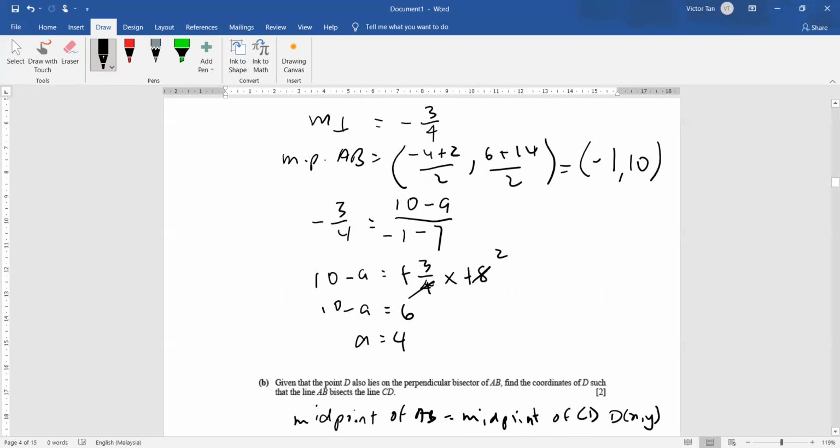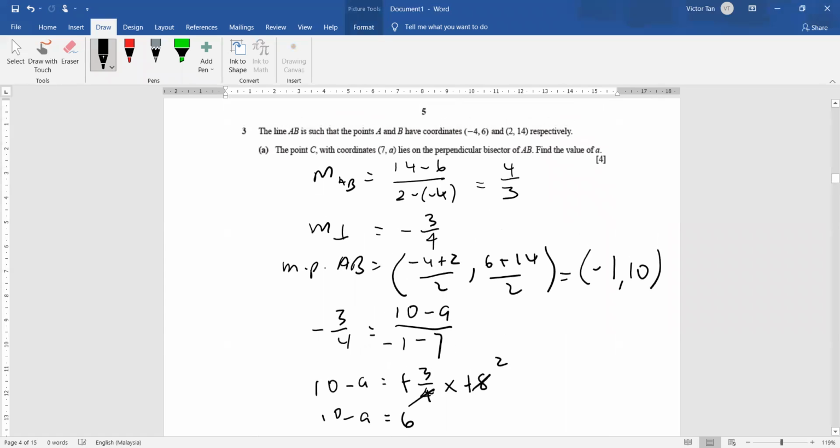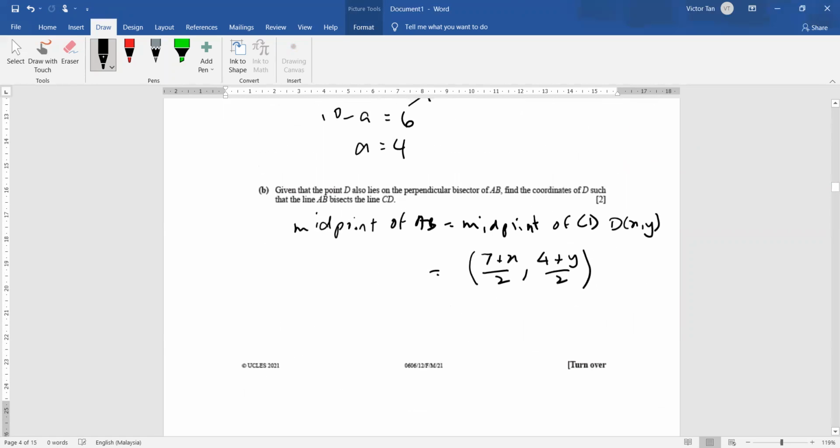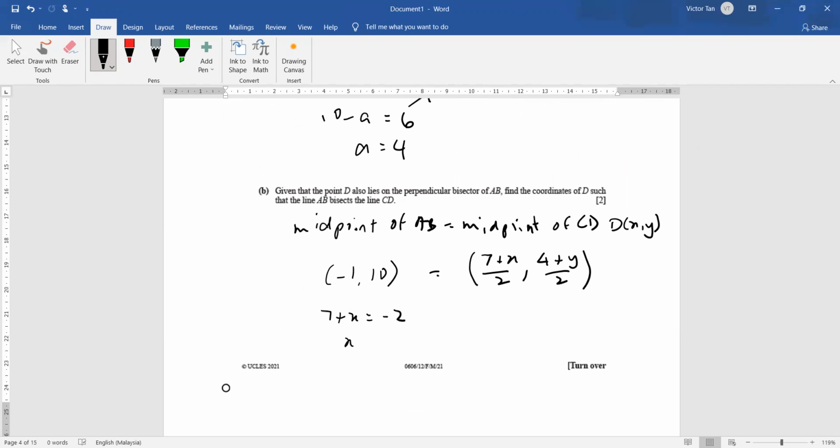So just now we have the coordinates of the midpoint as (minus 1, 10). So 7 plus x equals minus 2, x equals minus 9. 4 plus y equals 20, y equals 16. There you have it.